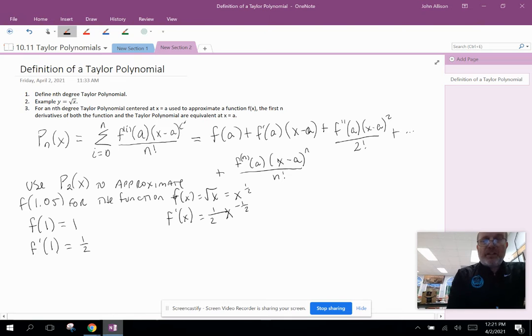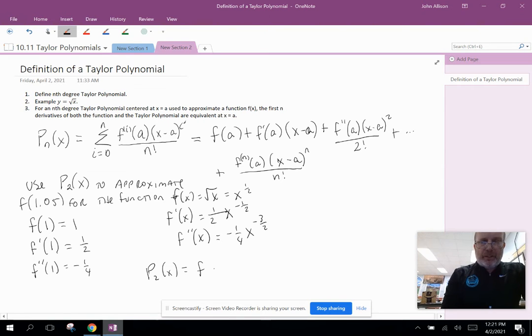And then since we're doing a second degree polynomial, we need to find f double prime and evaluate that at 1. So f double prime of x is going to be negative 1/4 times x to the negative 3/2. We evaluate that at 1, we get negative 1/4. And so our second degree polynomial, p sub 2 of x, is centered at 1.